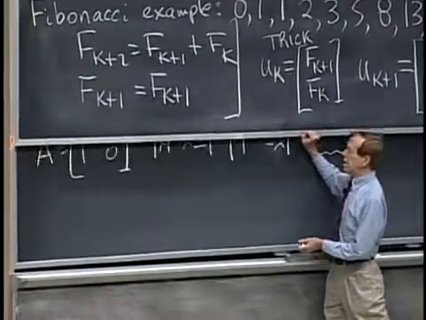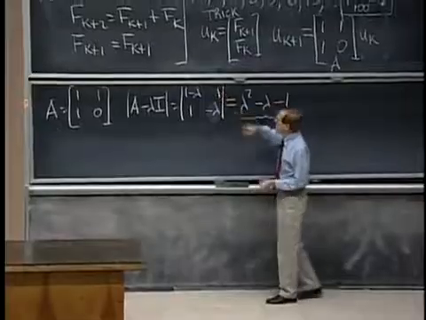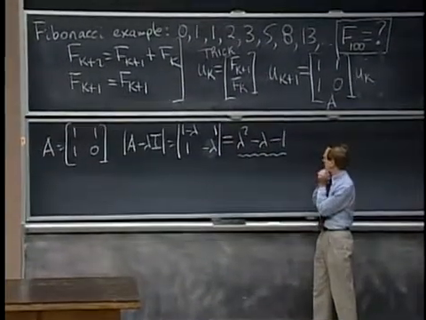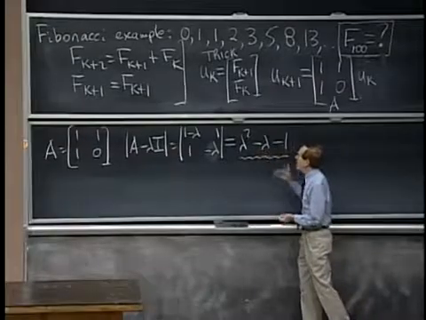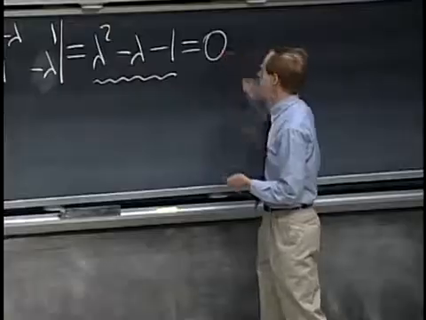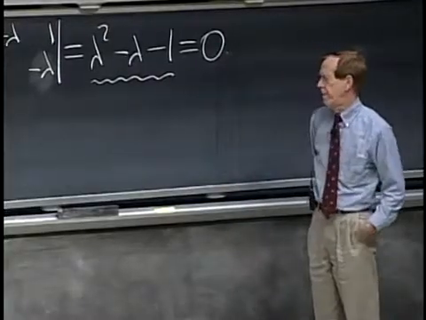The recursion that the Fibonacci numbers satisfy is somehow showing up directly here for the eigenvalues when we set that to 0. Okay, let's solve.